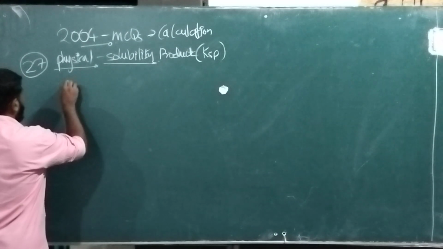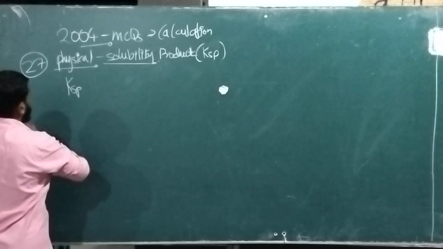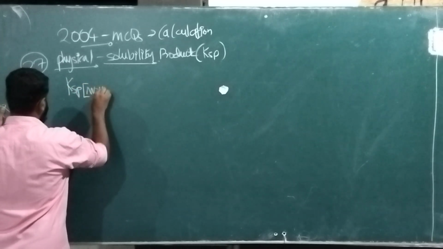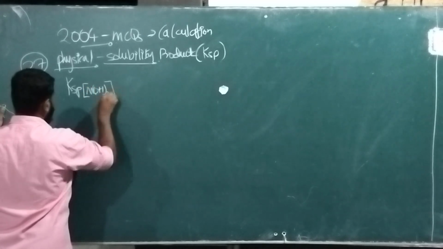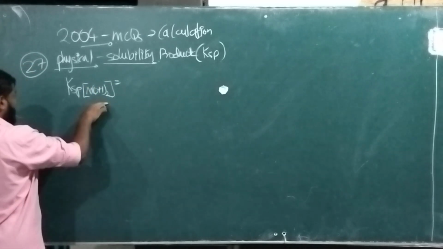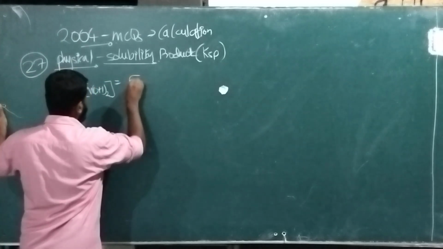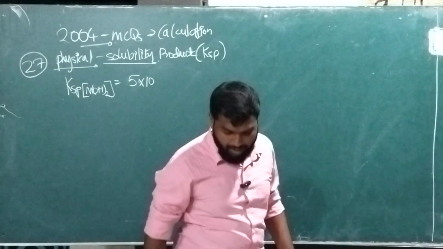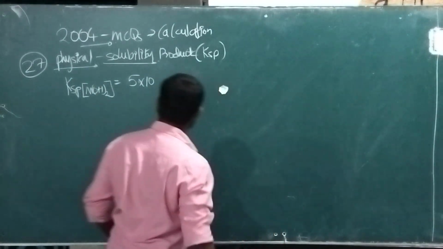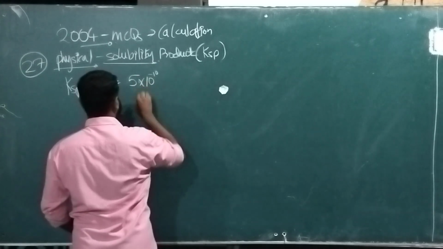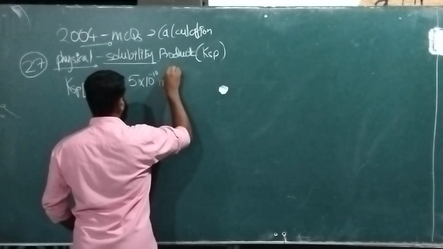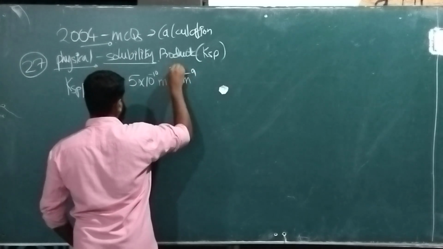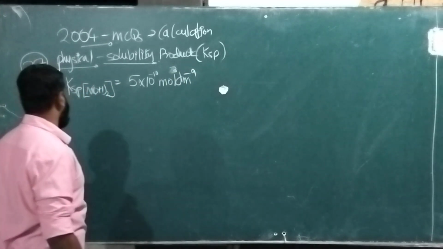Now they have given the KSP of MOH twice, the hydroxide of this solution, which is 5 into 10 to the power minus 10 mole cube decimeter minus 9.